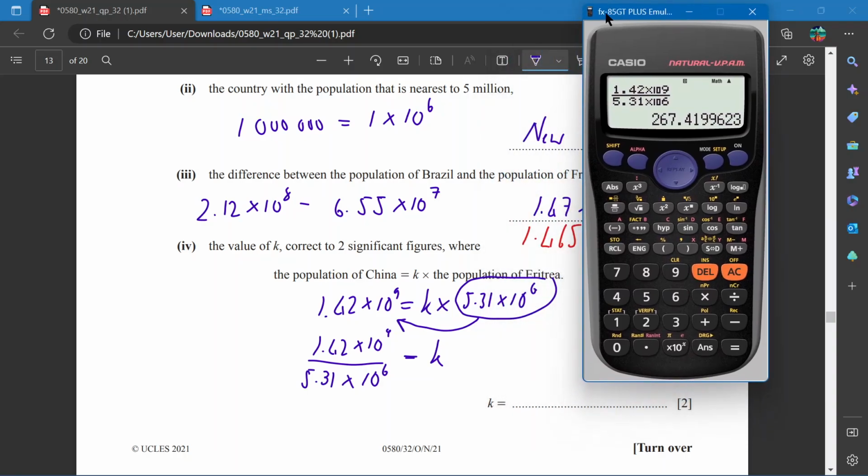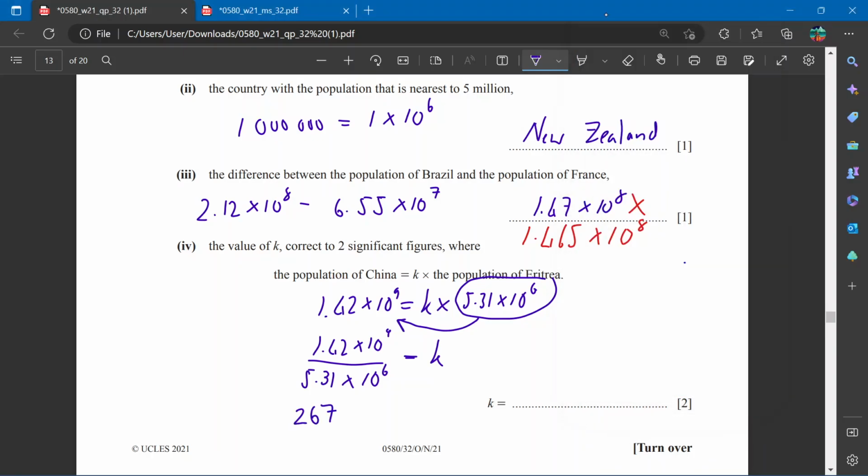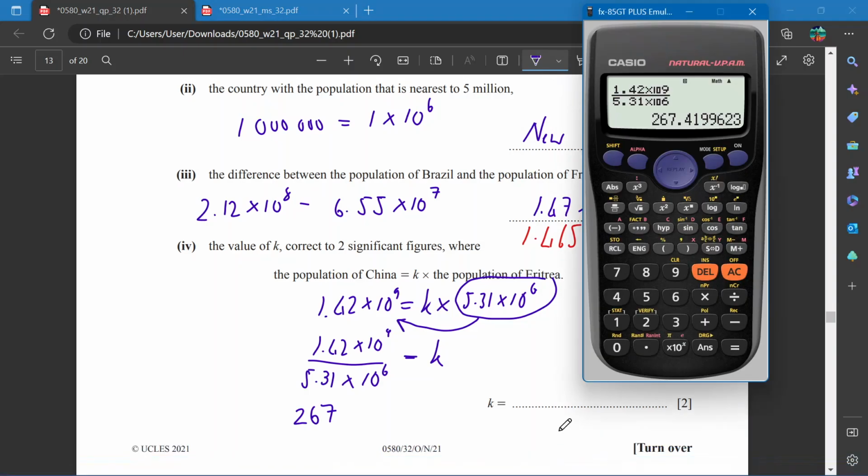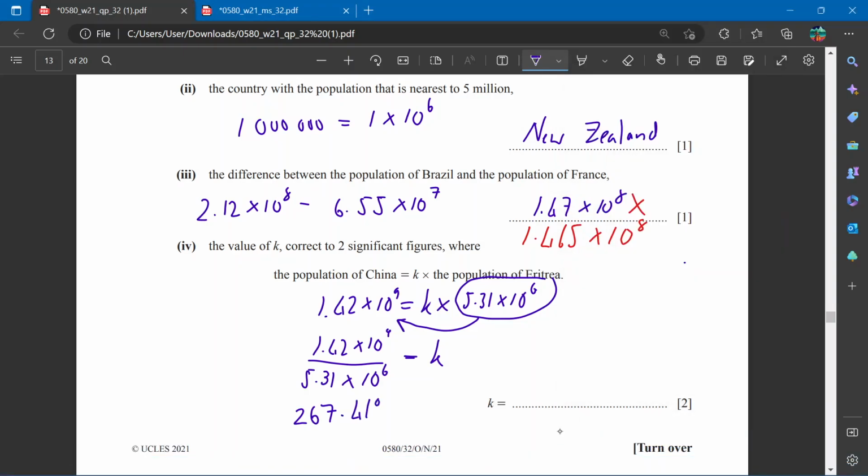And that's what we get. 267.0.419, etc. That is what is k. Okay. Now they mention here 2 significant figures, which means 1, 2. We need to cut it off there.